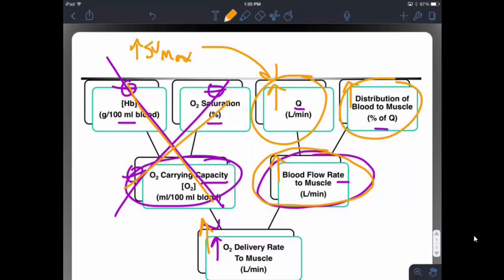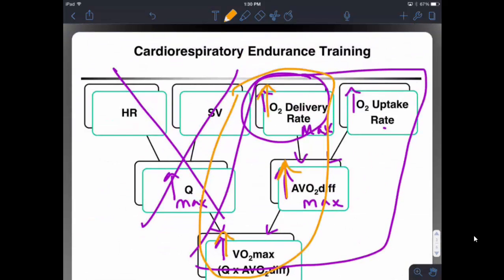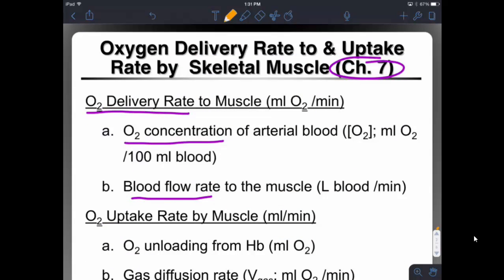But now you can see how the increase in stroke volume not only contributes to an increase in cardiac output and VO2 max, but this increase in stroke volume increases cardiac output, which helps contribute to the delivery rate. Okay, so increases in cardiac output contribute to VO2 max directly and indirectly through AVO2 difference.